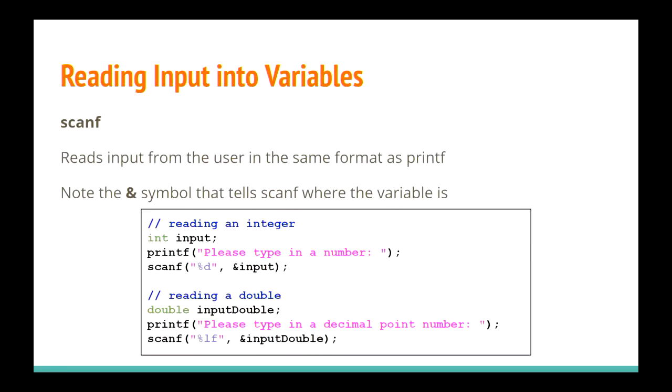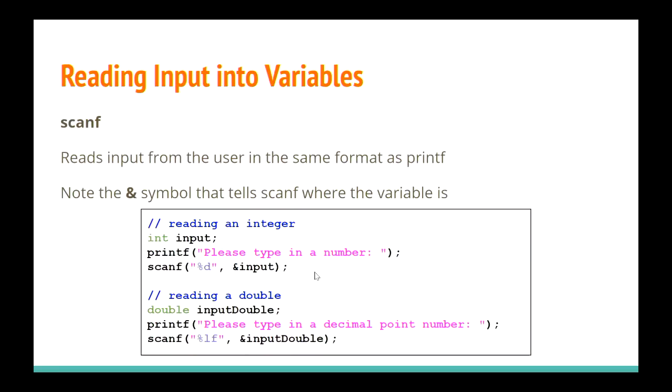We can also put information into our variables from what our user tells us. The user can actually type stuff in the terminal while the program is running. We can make space for the user to type things in, and we will scan in that input using a function called scanf. Scanf is very similar to printf in that it has the same kind of quotes and the same kind of symbols. The difference, however, is that it is not grabbing the value of a variable.